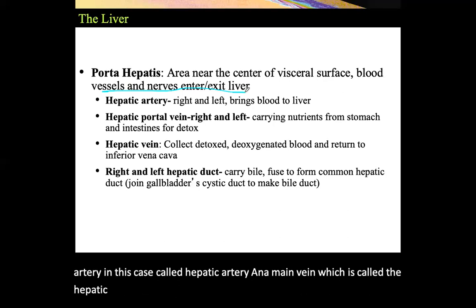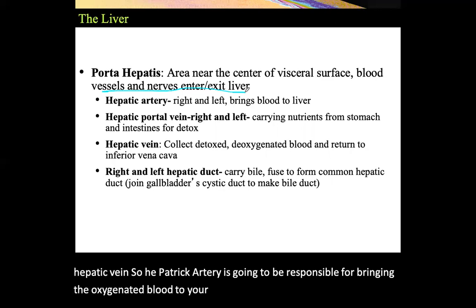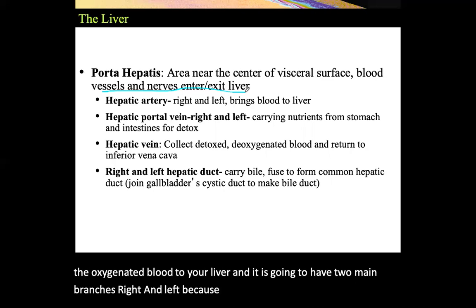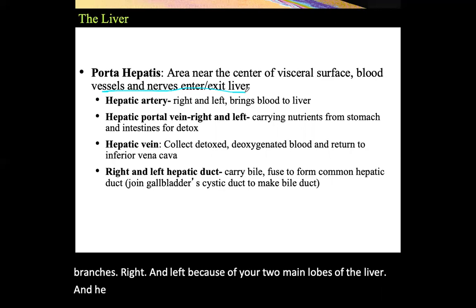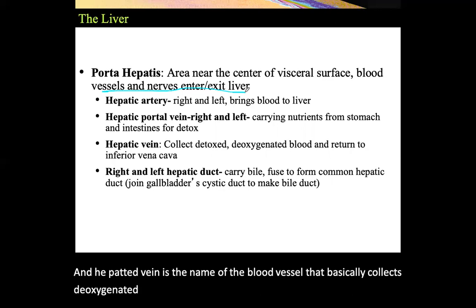The hepatic artery is responsible for bringing oxygenated blood to your liver, and it has two main branches, right and left, because of your two main lobes of the liver. The hepatic vein is the blood vessel that collects the nutrient-rich blood from your liver and returns it into the inferior vena cava.